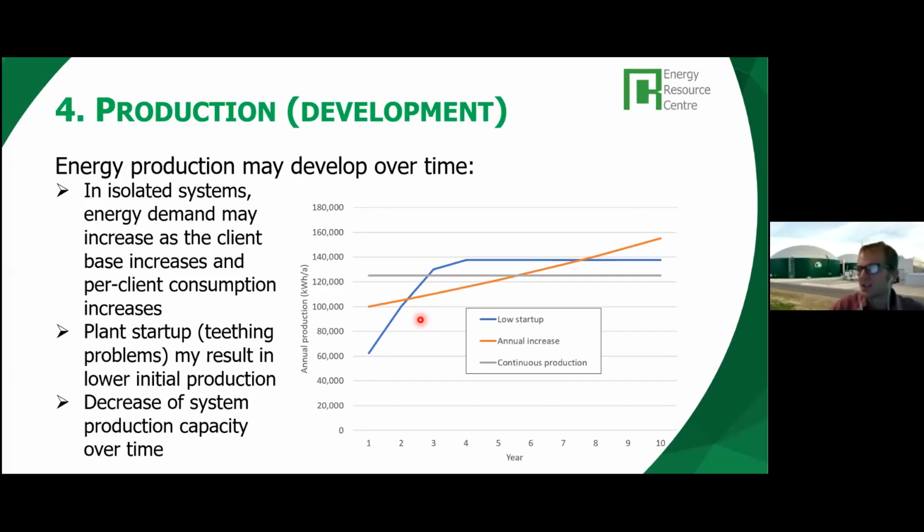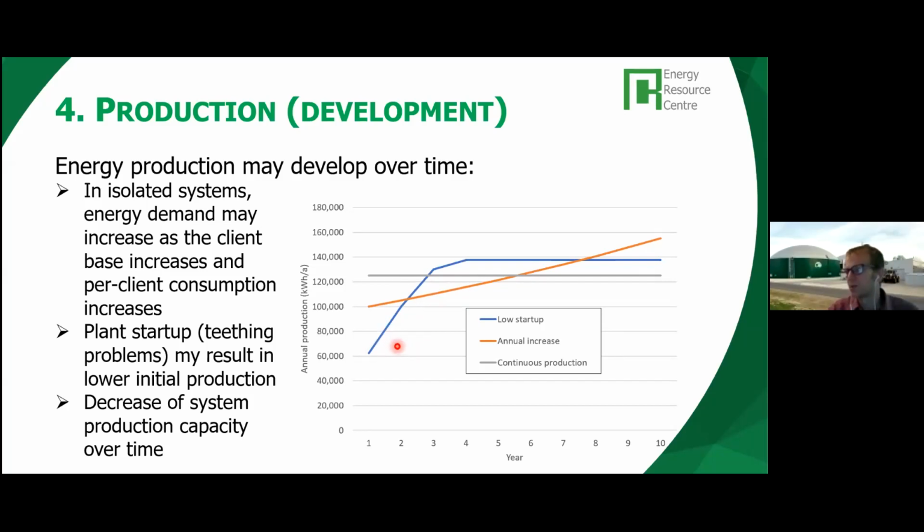On the other hand, the first few years could see a relatively low production because of unforeseen problems during the startup phase, which you may call teething problems, and that can take a while to get sorted out.